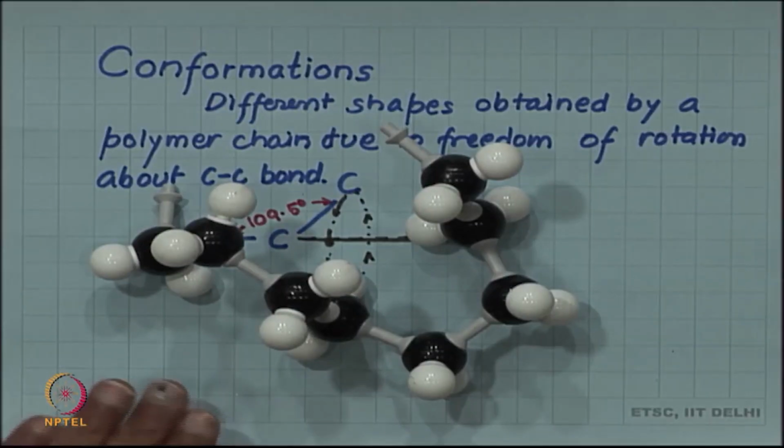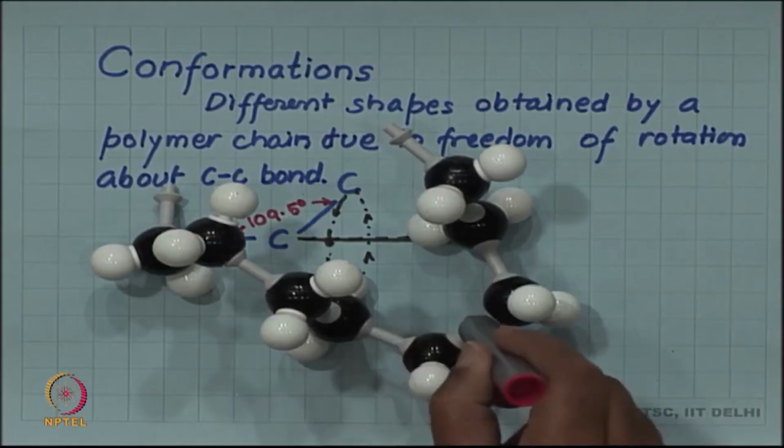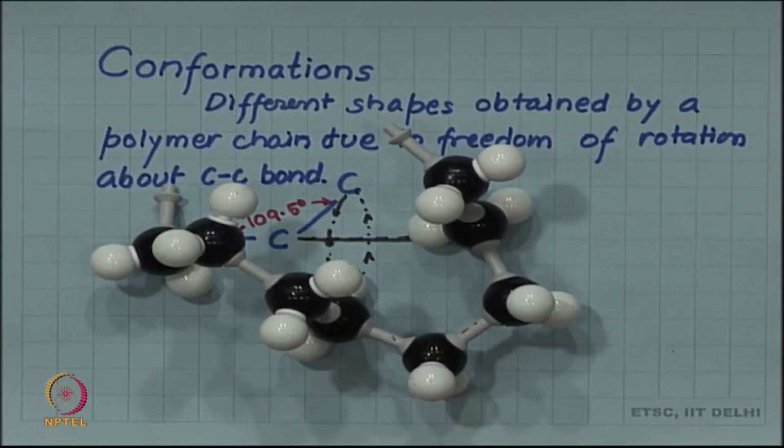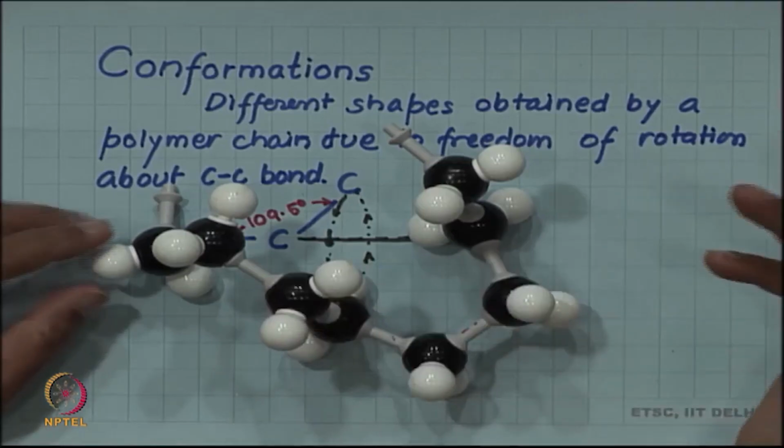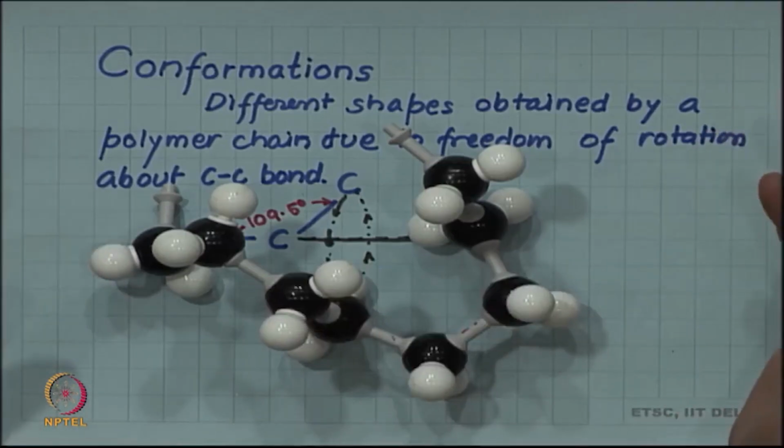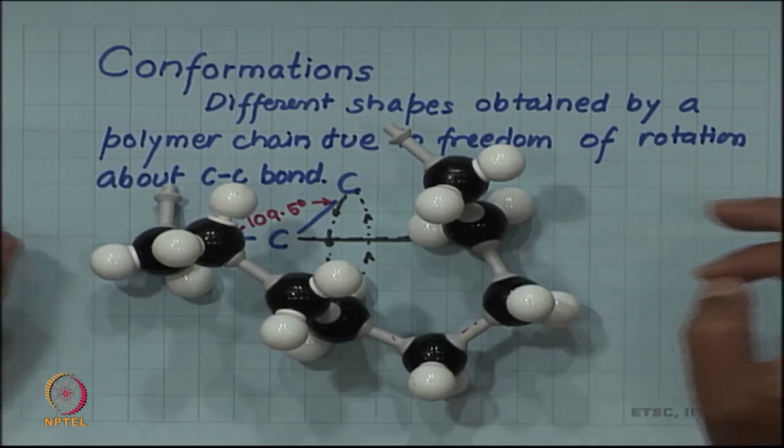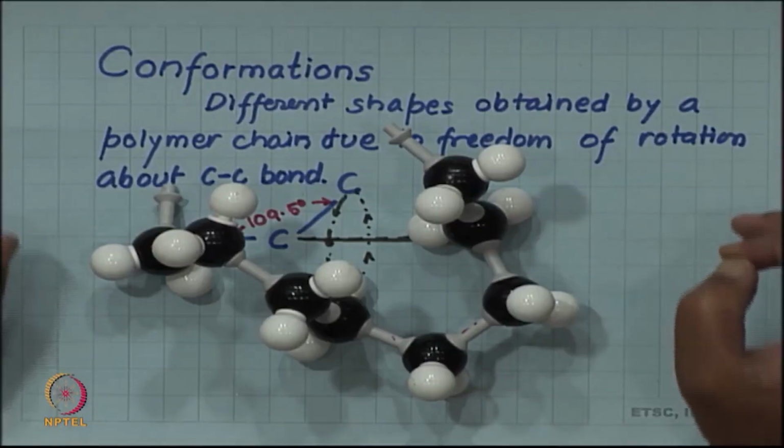So, what I have is the same molecule, but in a different conformation. Each bond angle is still 109.5, but the shape of the molecule in 3 dimensions is very different from the straight chain I started with.